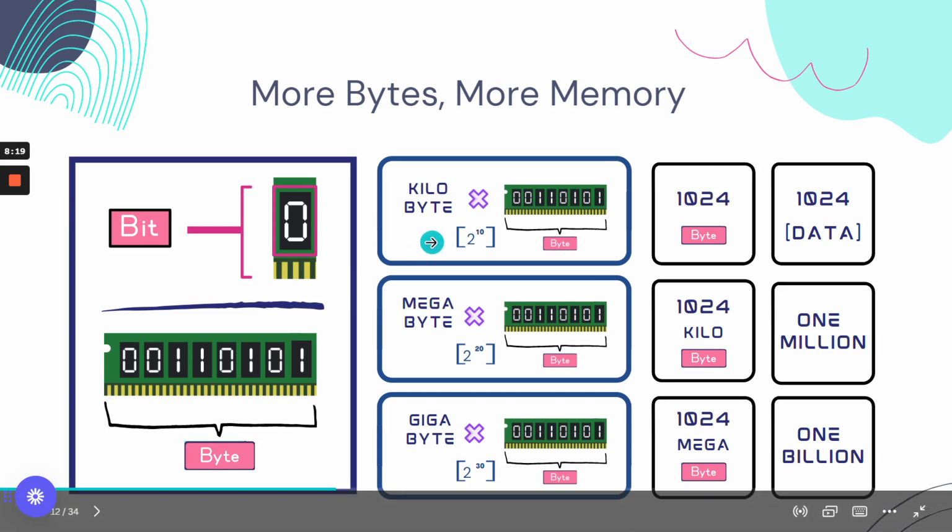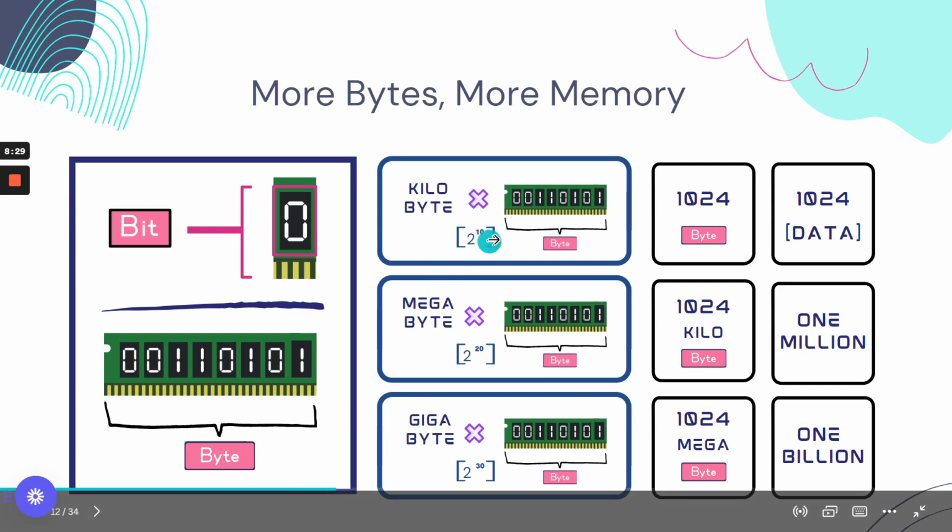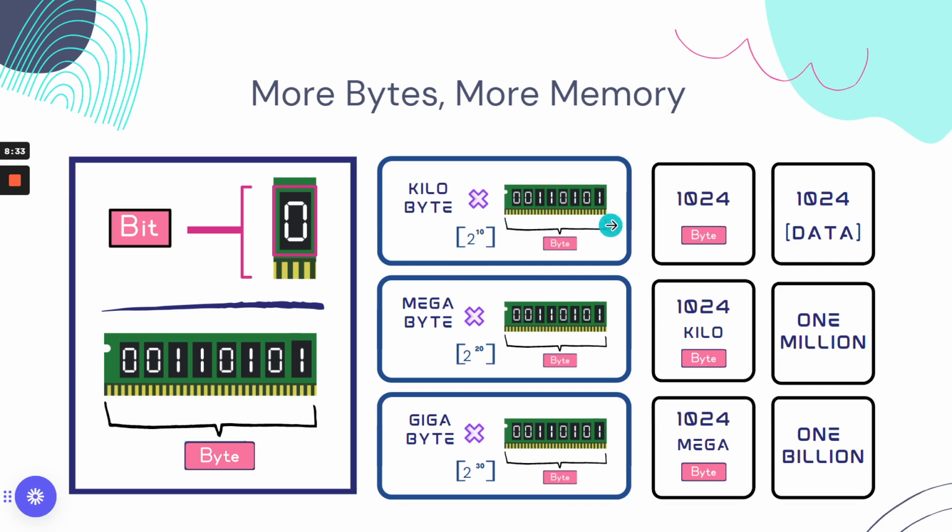Here we have something called a kilobyte. Basically, this is 10 times a byte. So take a byte here with 8 slots and multiply it by 10. This means that a kilobyte can represent up to 1024 bytes of data.